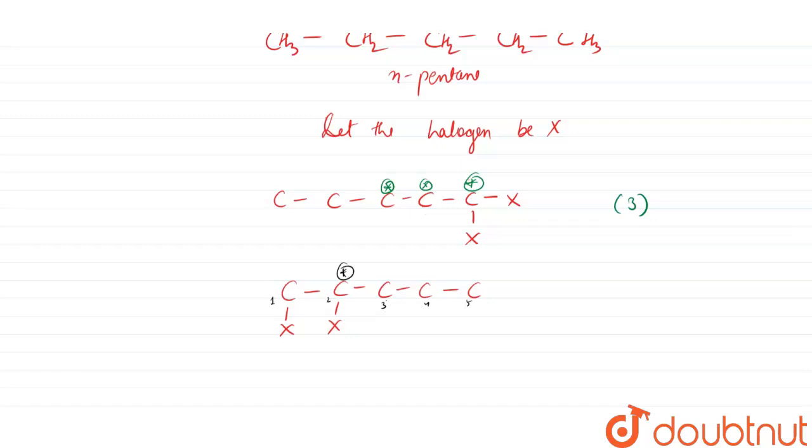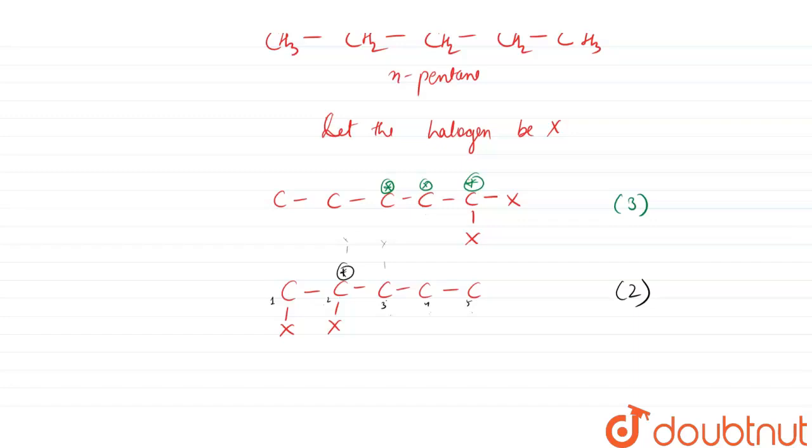So one structure is on 1 and 2. The other one can be on second and third position. Either I can attach it on second and third, so the second structure is this, or I can put the halogen atoms on these carbons, numbering will start from here 1, 2, 3, so again it will be on second and third position. So here we will have 2 structures.